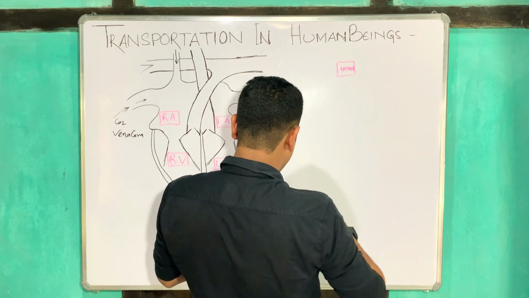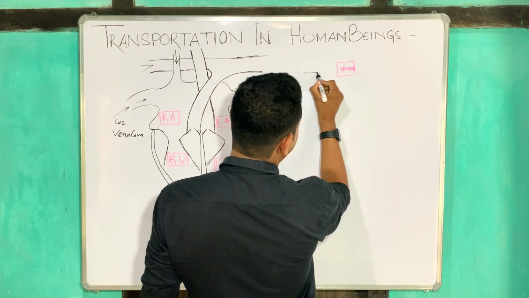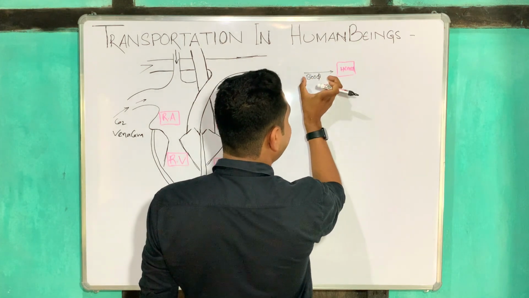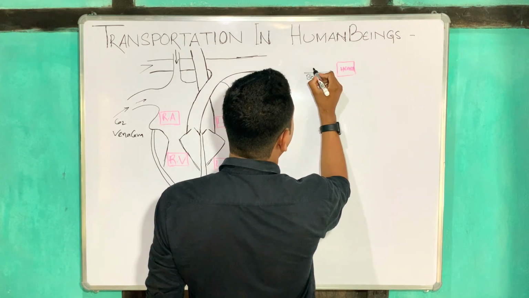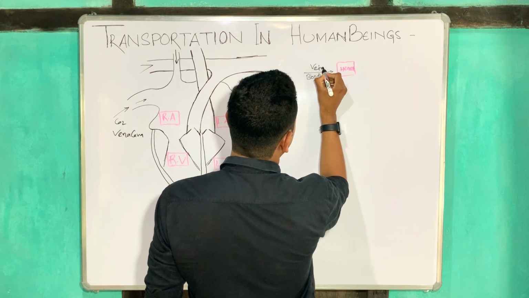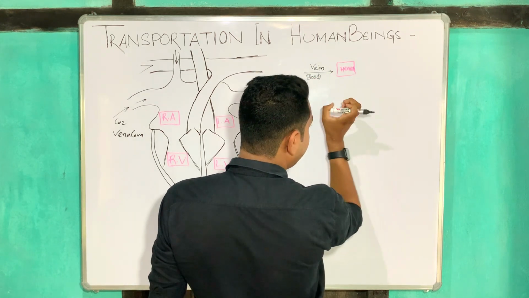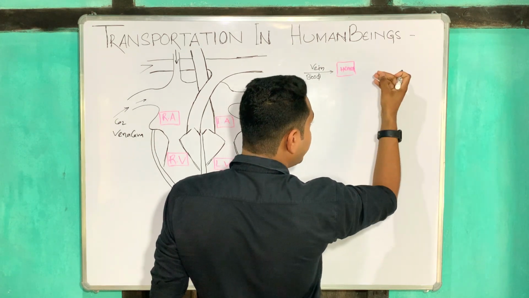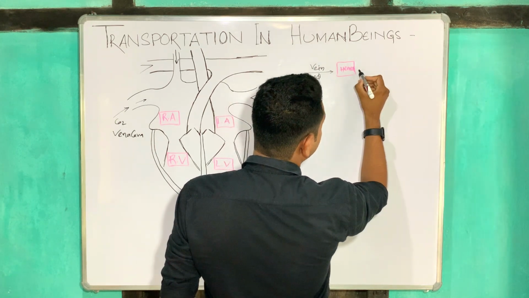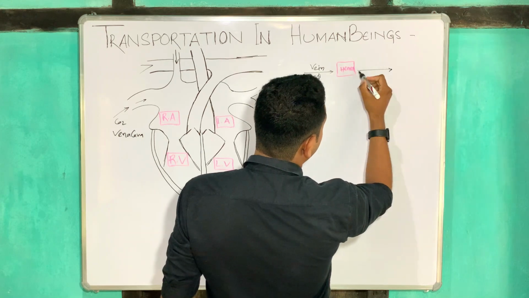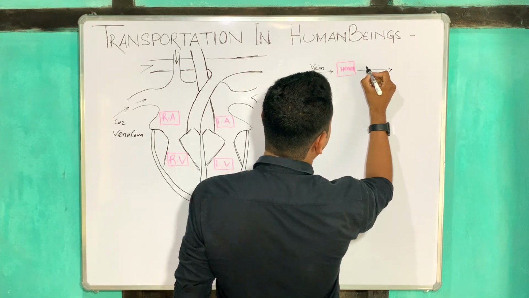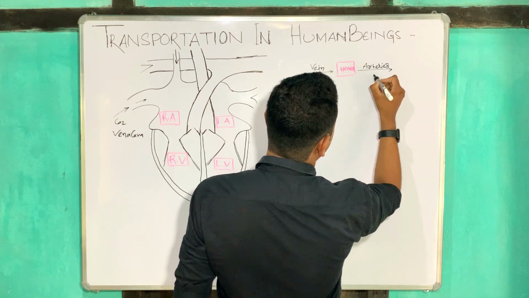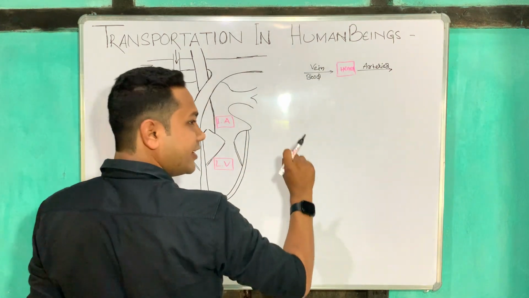The vessels which bring blood into the heart are known as veins. And the vessels through which blood is pumped from the heart and distributed away from the heart to the body are known as arteries. Is the concept about veins and arteries clear now?